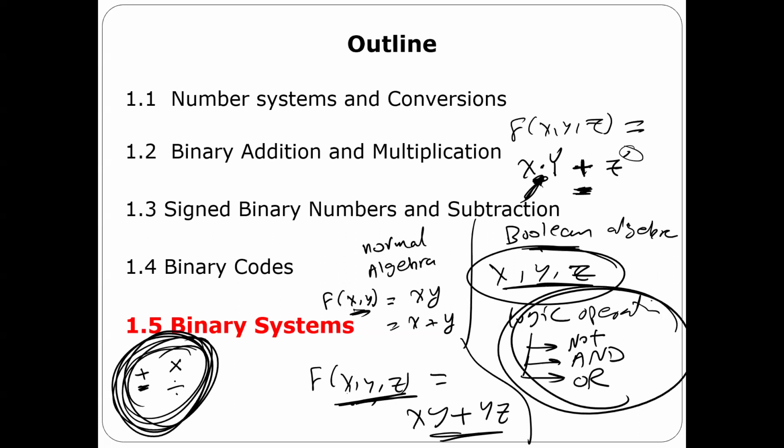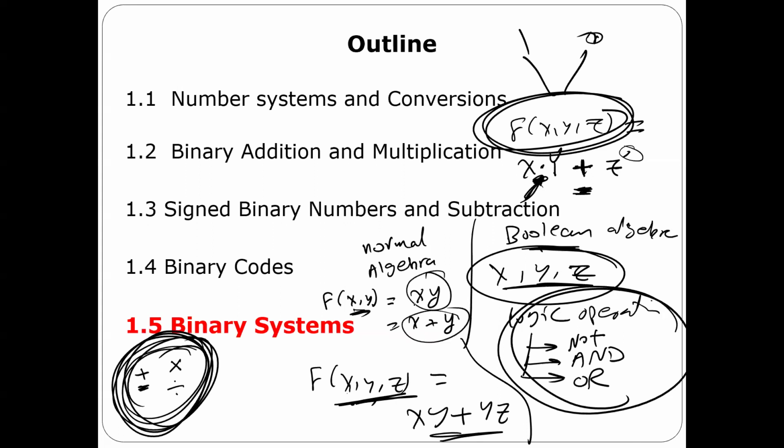And the result of this function is actually 0 or 1, because the inputs are 0 and 1. Also, the output of this function is 0 and 1. Here, these variables can take numbers from negative infinity to positive infinity. This function also can take values from negative infinity. It depends on the range or the domain of this function, but still you have a big range.